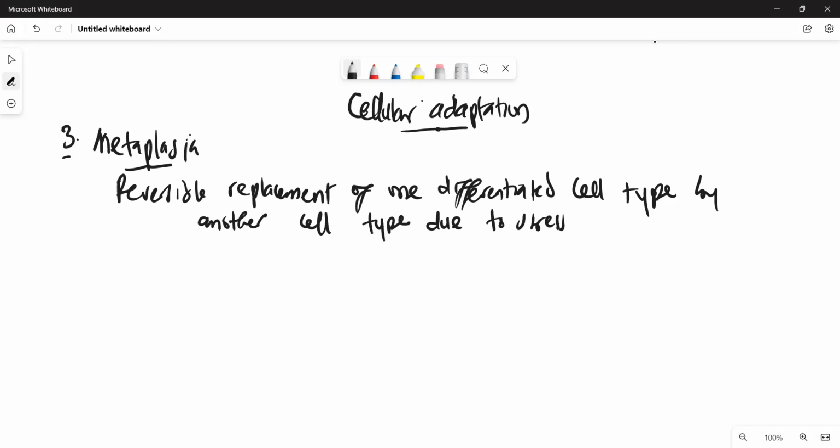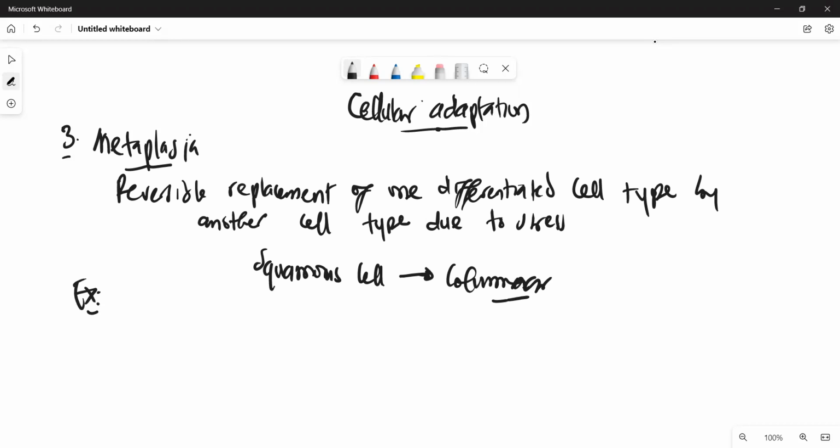So for instance, let's say the original cell was squamous, and this squamous cell now becomes columnar. Then the name is going to be columnar metaplasia, because that's important for us to remember when we're dealing with those questions. So let's now look at some examples of metaplasia.